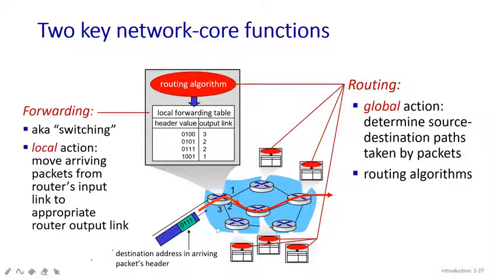Now this router has to decide on which link it is going to send. So what do the local actions take care of? Whatever values have been given here, it decides to which link to forward them by using the routing algorithm. Suppose the message has been passed through this.